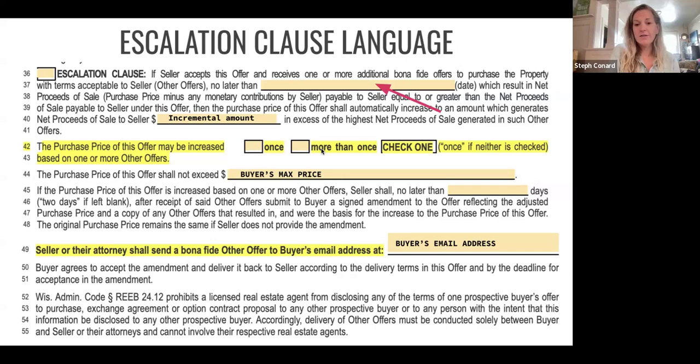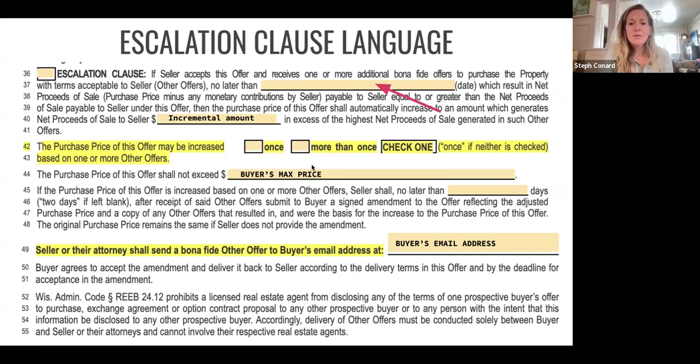And this is where, again, we get the most questions, depending on the amount of other offers, the amount of other offers with escalation clauses, and if they are varied in terms of whether or not the purchase price can increase once or more than once.